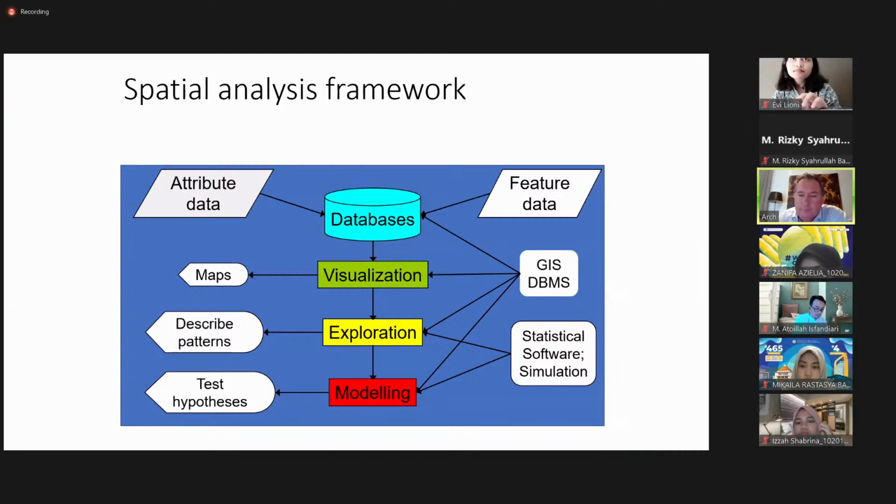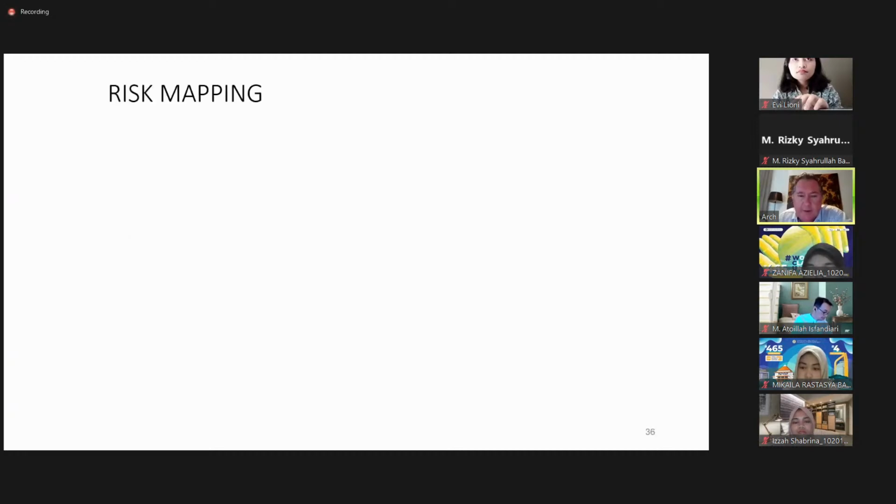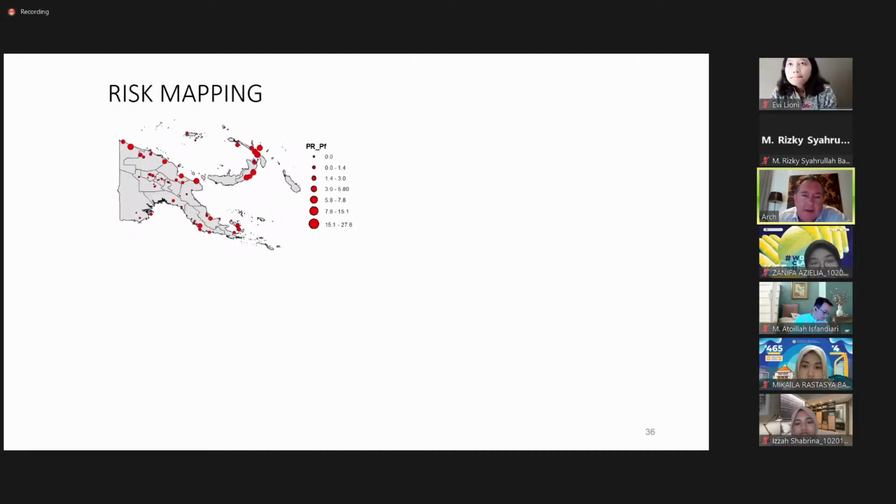In particular, I'm going to talk about risk mapping, which is one of the most typical spatial modelling approaches that we use in spatial epidemiology. So risk mapping, as I mentioned earlier, involves taking a sample of observations across a study area. In this case, we've done a malaria survey. This is for Plasmodium falciparum malaria in Papua New Guinea.